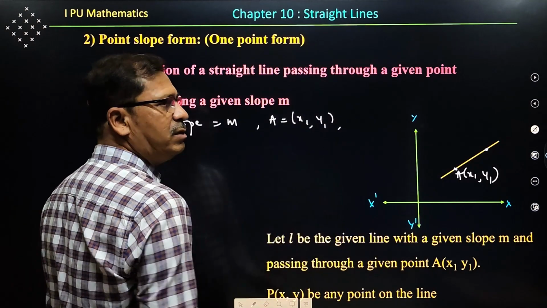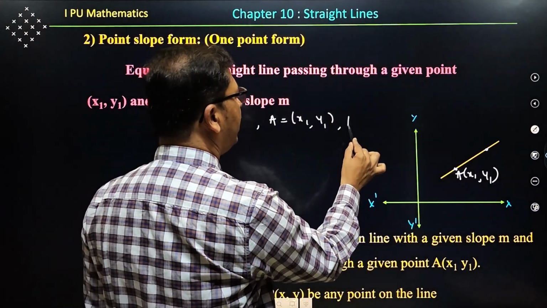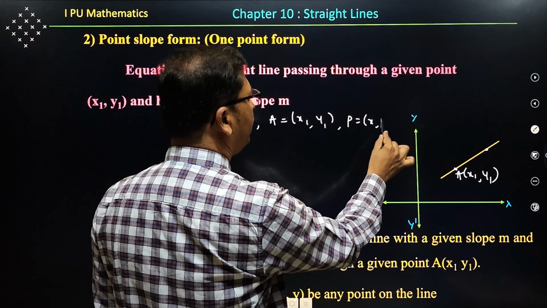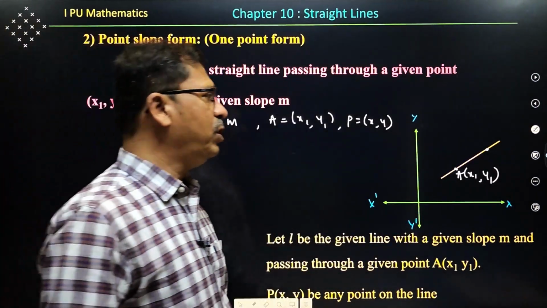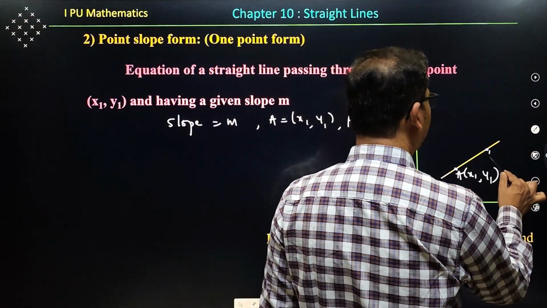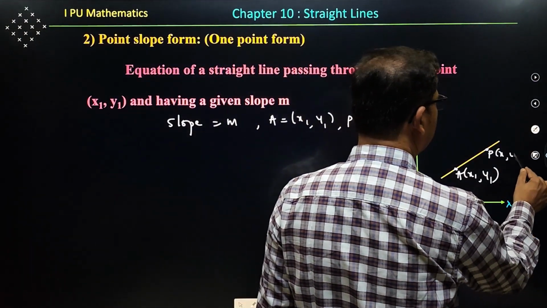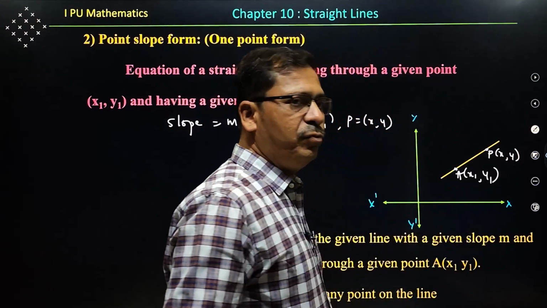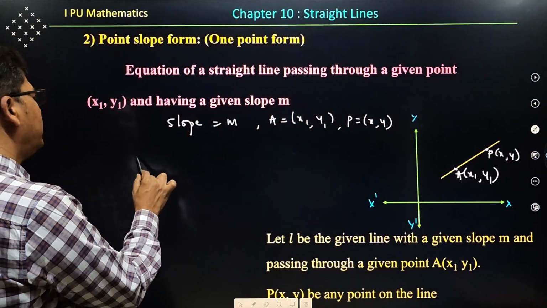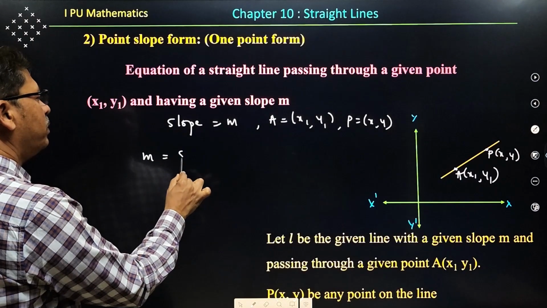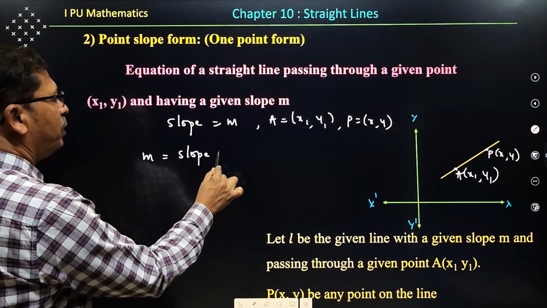For our convenience, let me take P of x comma y to be any point on the line. See, this is the point P, which is x comma y. This is any point on the line. Then what about the slope? The slope is m. Now m is equal to the slope of AP that you need to take here.